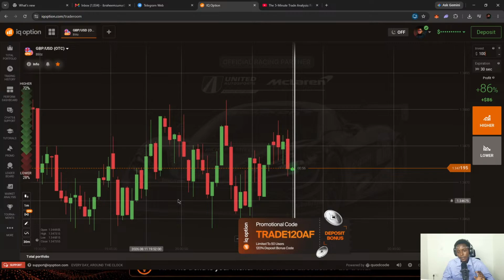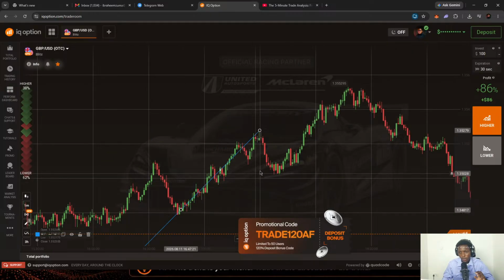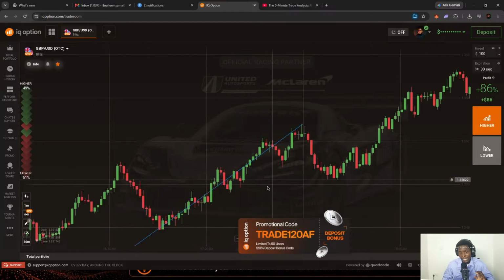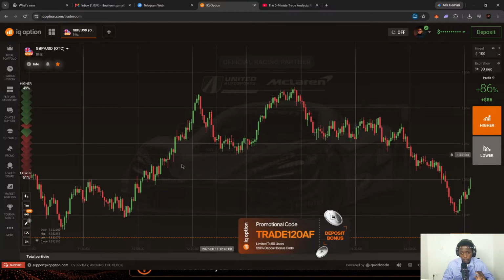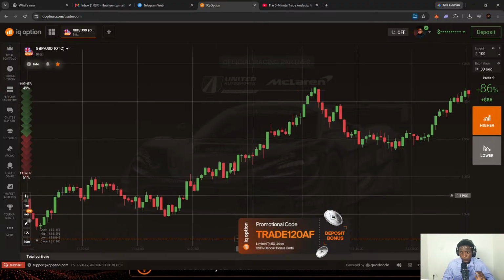This is a very good sign, even though the market is going up, but this is not a good example. We'll look for a better example. So when we look at this chart, we can see the direction around this section from here to here. Let me use some graphic tools.